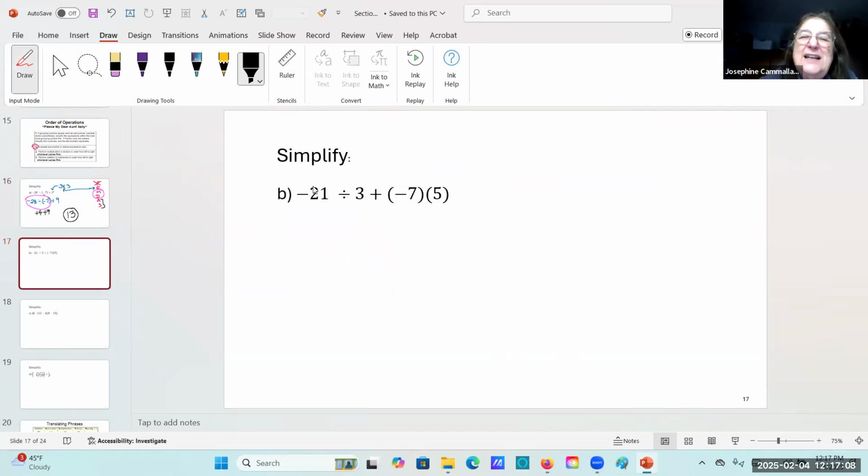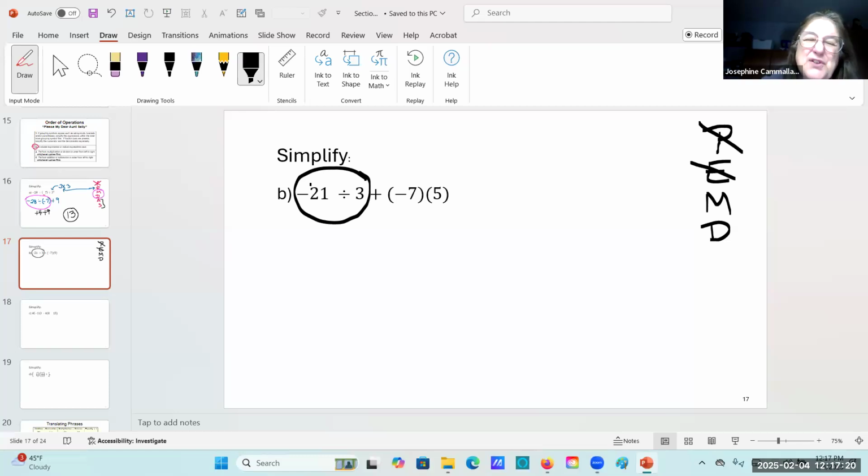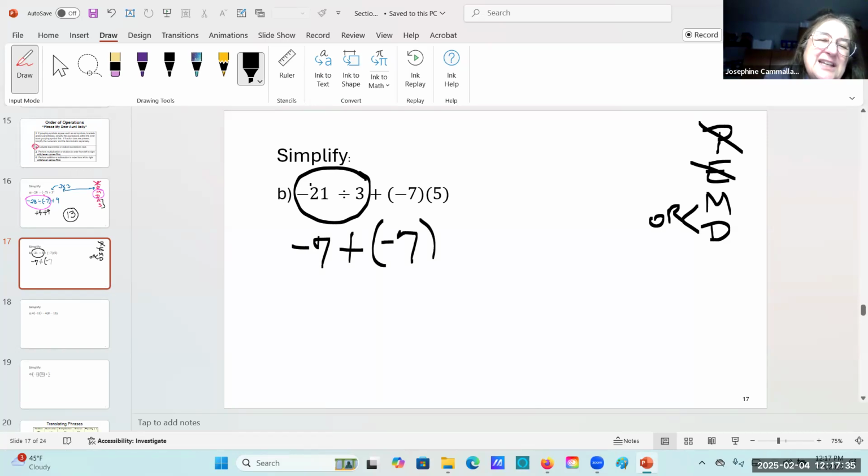We have no parentheses and no exponents. But multiply and divide. Be careful. These go first. Remember, this is an or. This will give me -7 plus -7 and then a 5 following it.